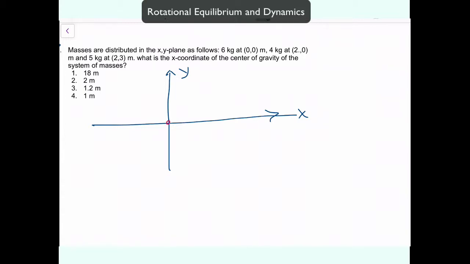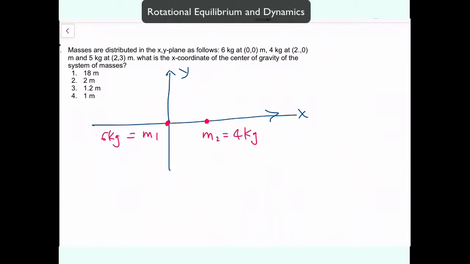we can call this mass 1. It's at the origin, which is 6 kg, and 4 kilogram at 2 in the x, nothing in the y, that is mass 2, which is 4 kilogram.